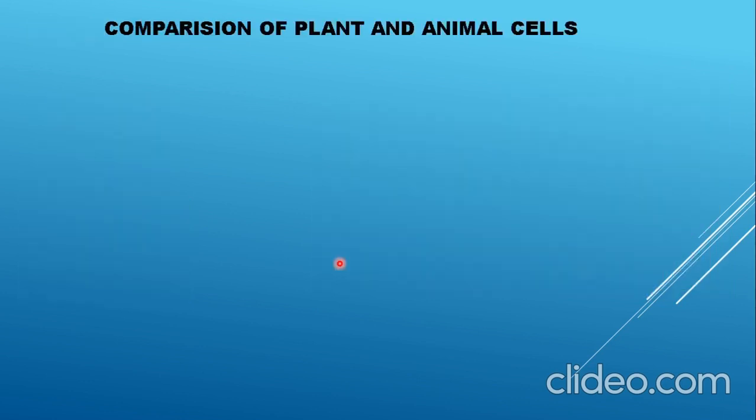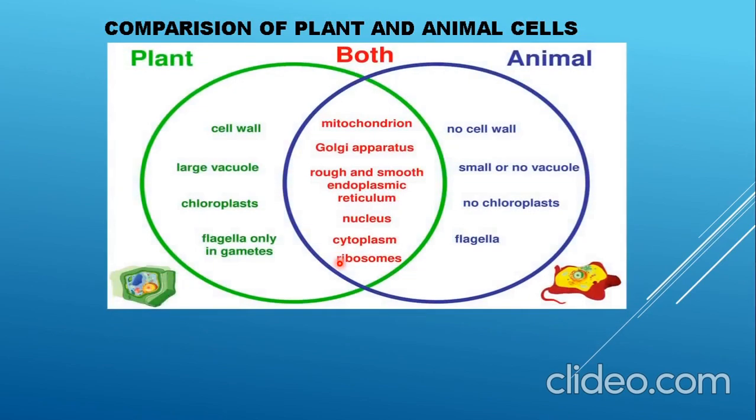Before going into the details of it, let us try to know some differences between the plant and animal cells. Now, plant and animal cells, many of the features are common.